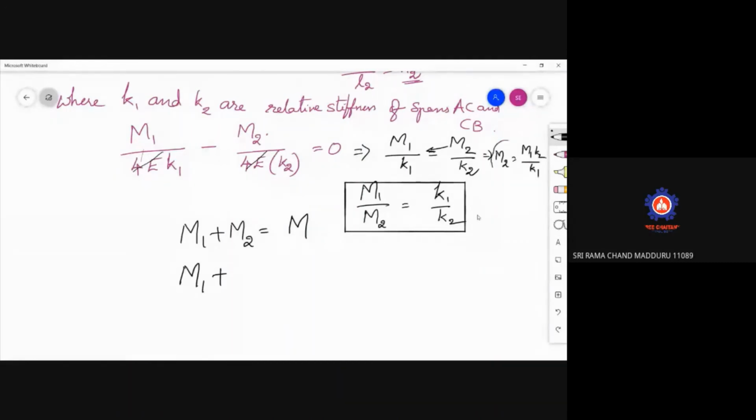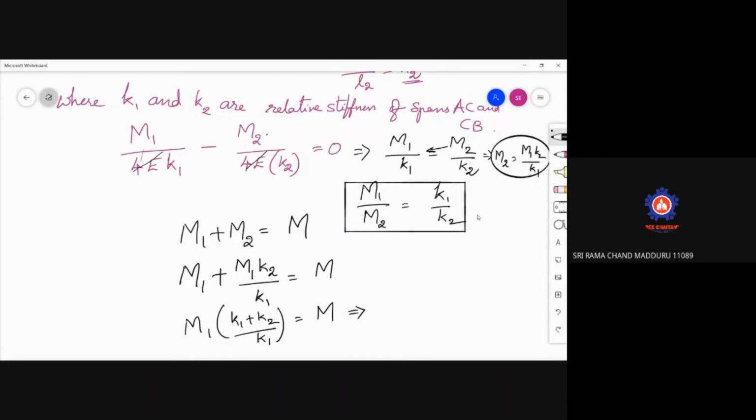Yes or not? We can also write it like this. So I will substitute M2 as M1 into K2 by K1, so M1 plus M1 K2 by K1 is equal to M. Now calculate M1.